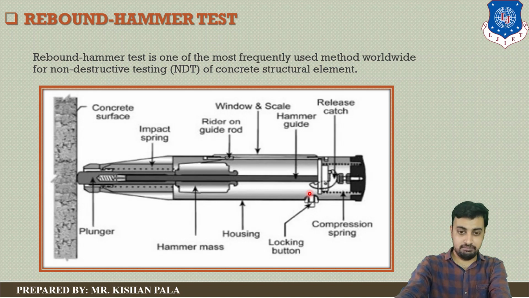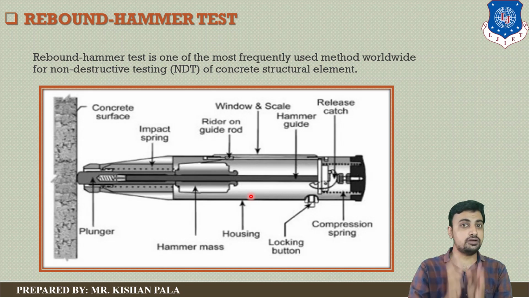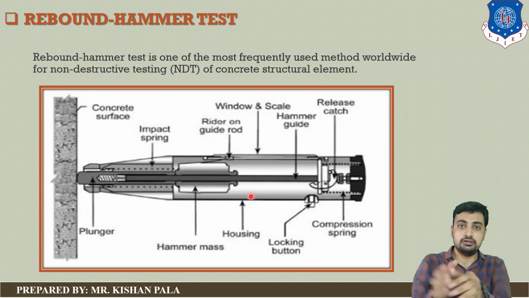This instrument works on the principle of the rebound of an elastic mass, which depends on the hardness of the concrete surface. Here you can see that the plunger is firmly pressed on the concrete surface, the instrument is held at 90 degrees to the surface of the concrete, firmly pressed, and then released, and the rebound mass is noted.